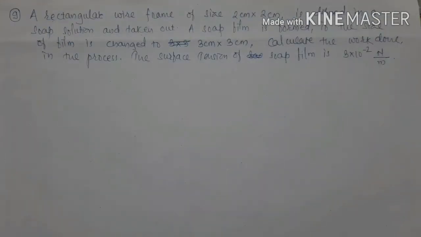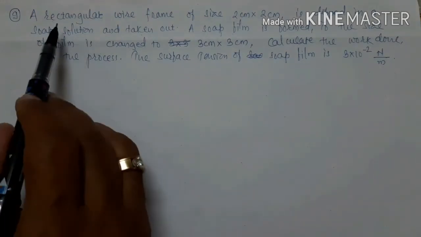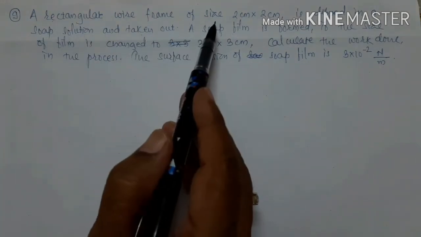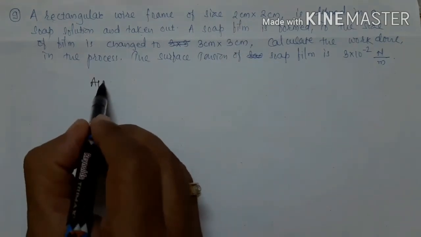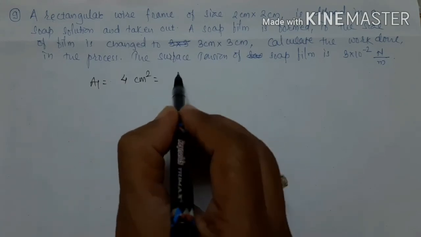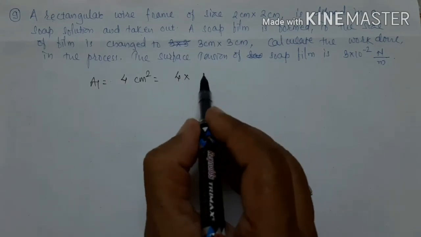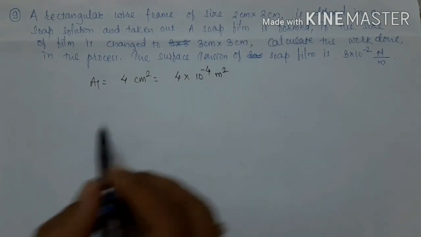Then we will go for one more. Again, it's a very simple one. A rectangular wire frame of size 2 by 2 centimeter. Initial area is 4 centimeter square. 4 centimeter square means 4 into 10 to the power minus 4 meter square.